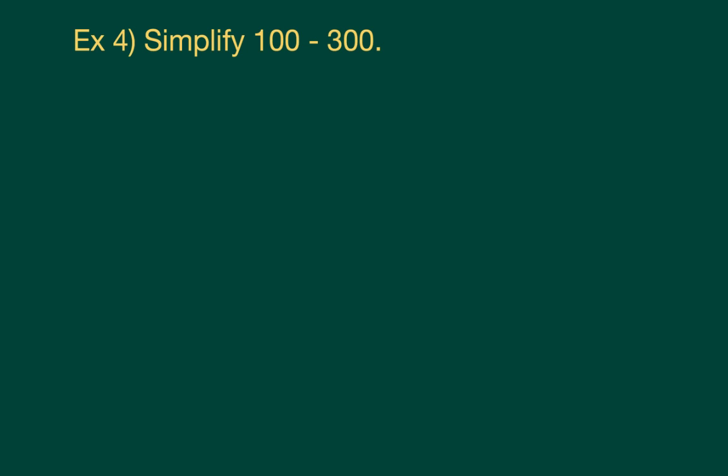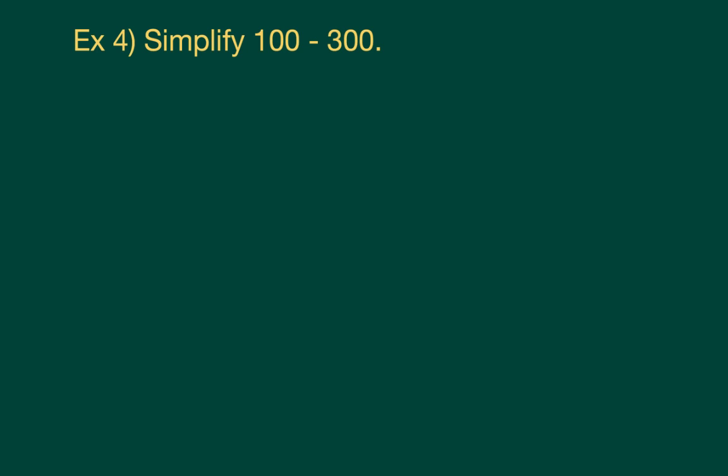In example 4, we have simplify 100 minus 300. Reversing the order of the minuend and the subtrahend reverses the sign of the difference. We should automatically know that when we subtract 100 from 300, you're going to get 200.